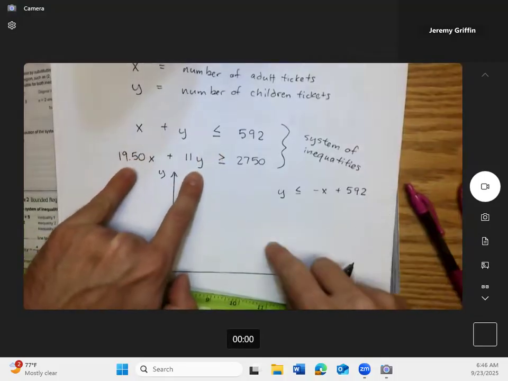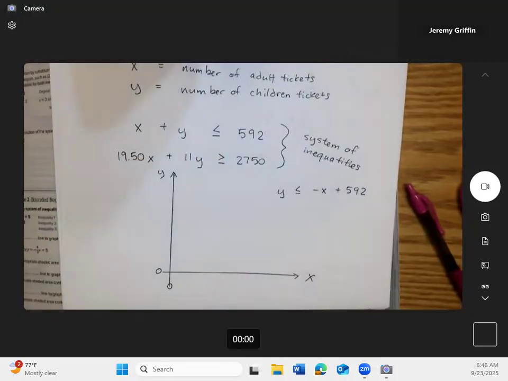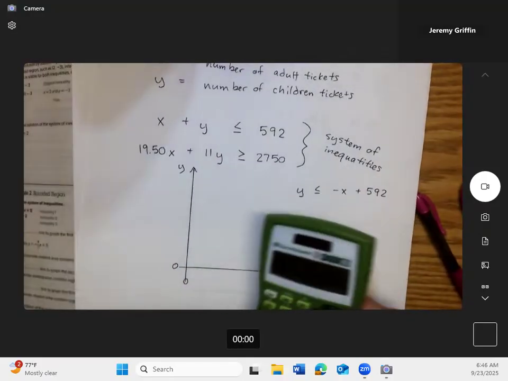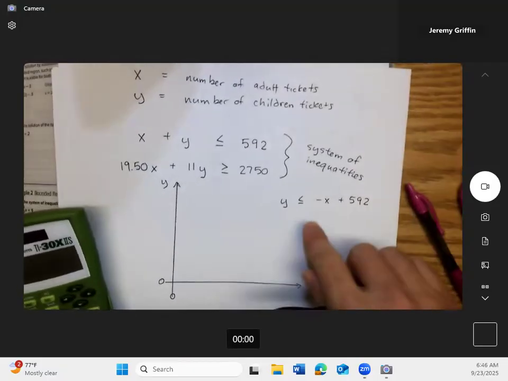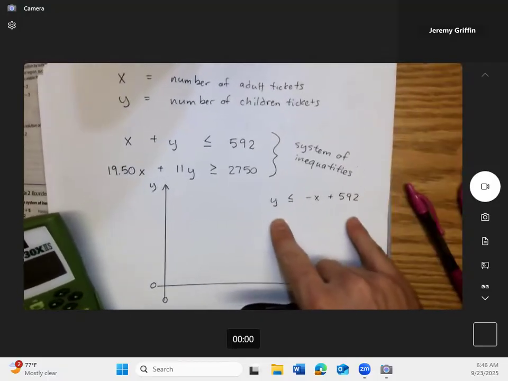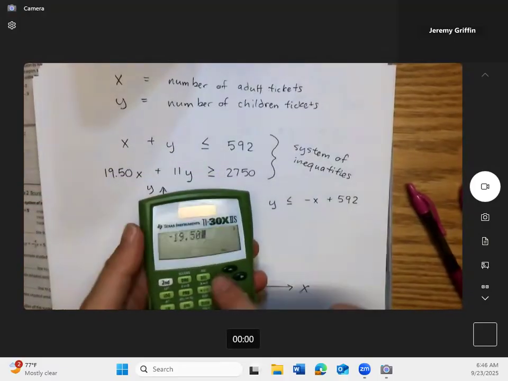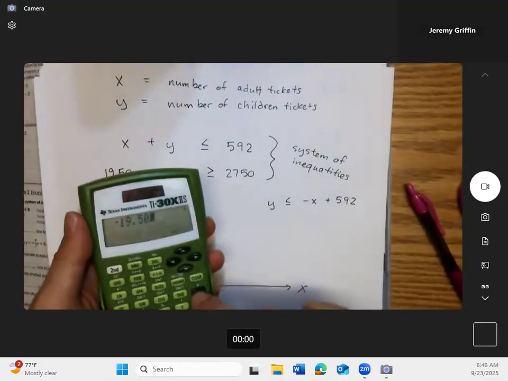Okay, and this other one, I could subtract over 1950, and then after the fact I would have to divide by 11. So I'll do both those steps right here just to keep this clean looking on the page. So negative 19.50 with the x attached, then divide all of that by 11.